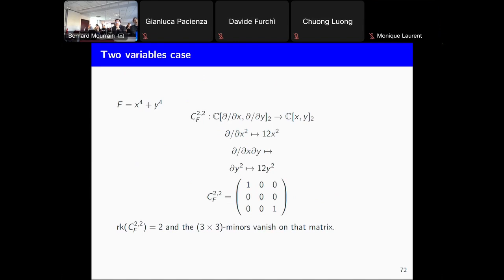This matrix here still has rank 2, we like it, and now we can also test the 3x3 minors because it has a bigger size. So it's the same polynomial, the next catalecticant matrix has the same rank, and now I have a way of testing with the minors.